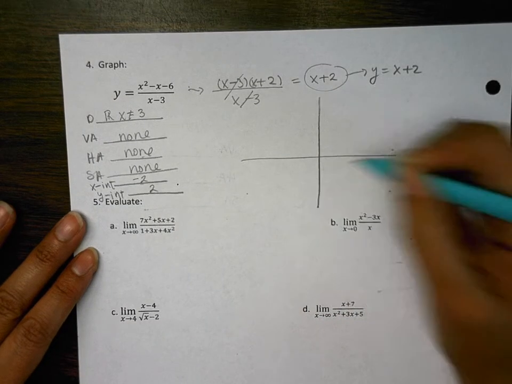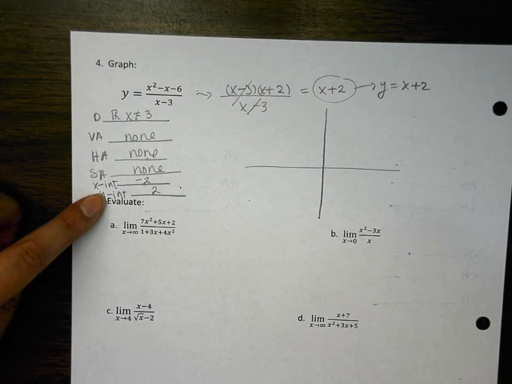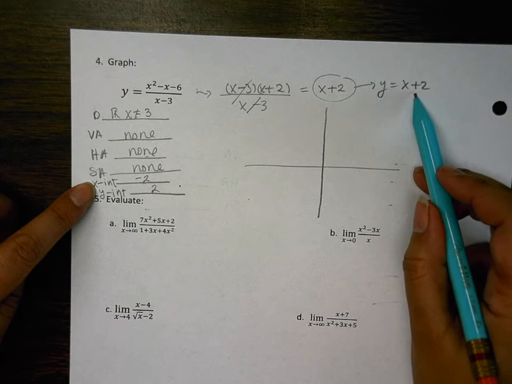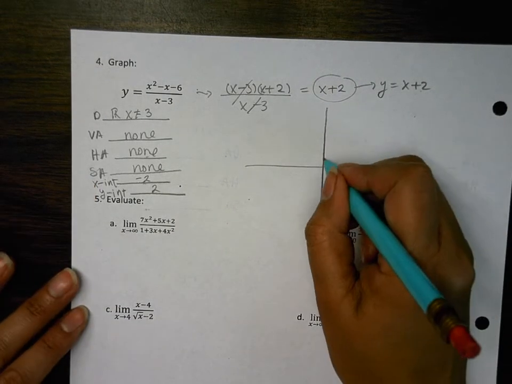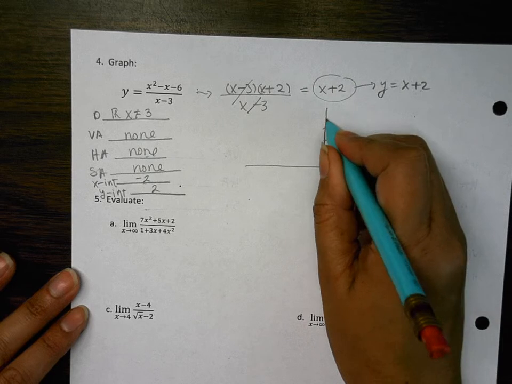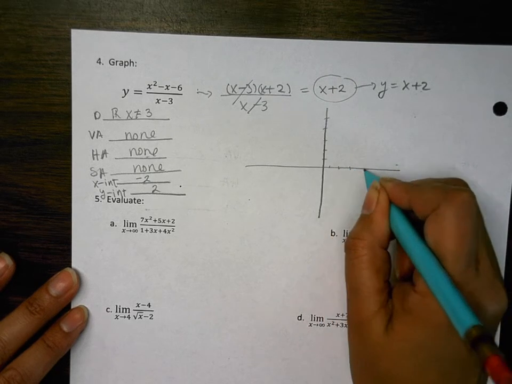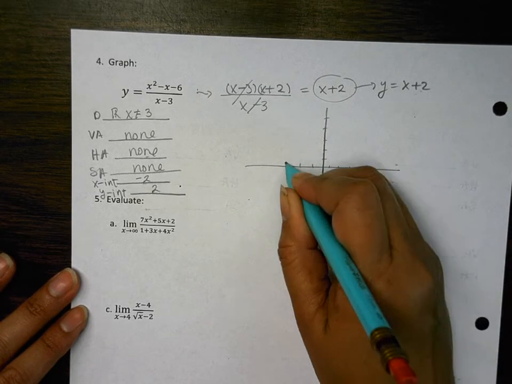Okay, so let's graph. Y-intercept is positive 2, which makes sense because y equals mx plus b. B is the y-intercept. Do you see that?